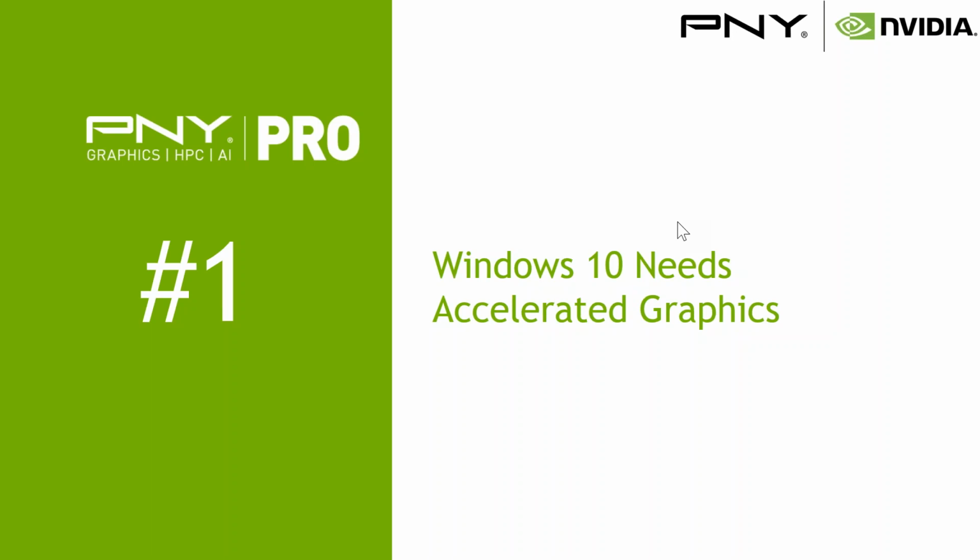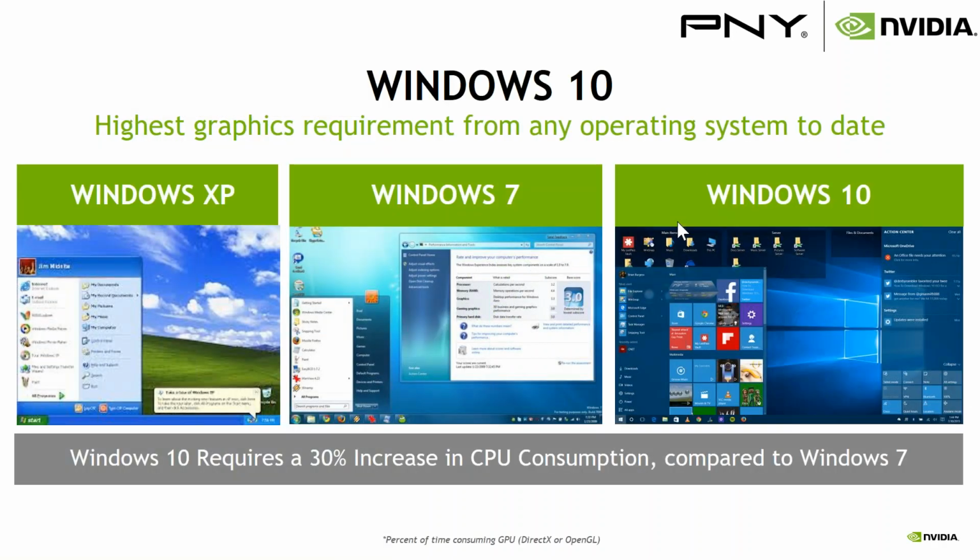So why does Windows need accelerated graphics? I think it's pretty clear to see when you see the different versions of the Windows operating system side by side, something that most people very rarely will ever see. The expectation is that Windows 10 requires 30% more CPU utilization than Windows 7, which is quite a heavy uplift for existing infrastructure.